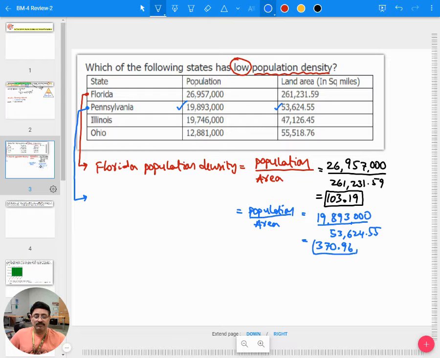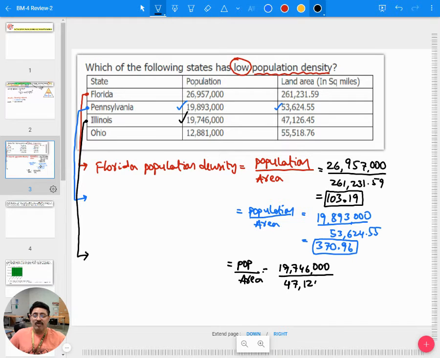370.96. And coming to the third one, Illinois, what is the population density? The density is population over area. So 1974600 divided by 47,126.45.